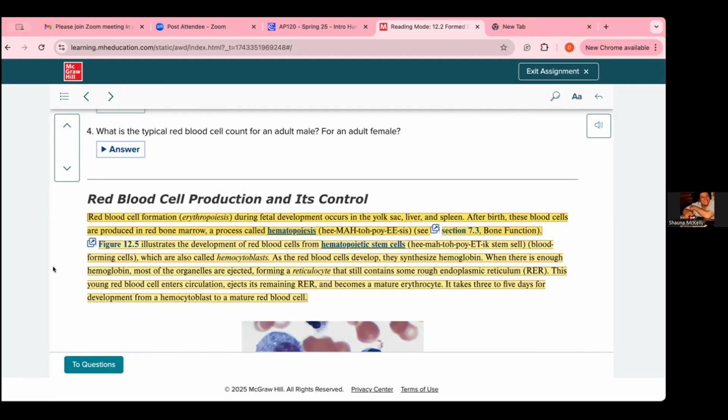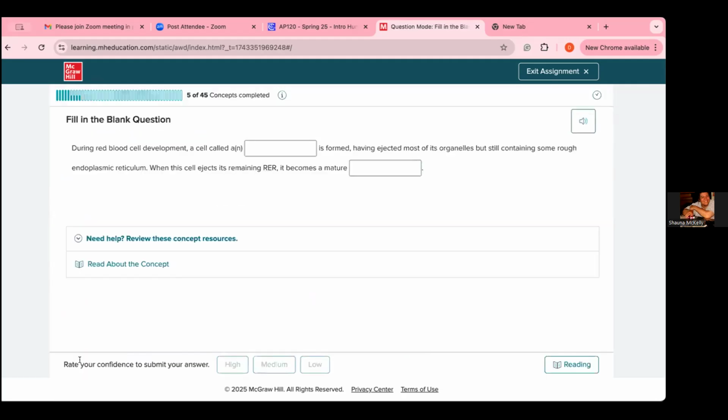So, I think it's reticulocyte and then erythrocyte. That's what I think. Let's go back and look. Yeah, I think this is a reticulocyte.